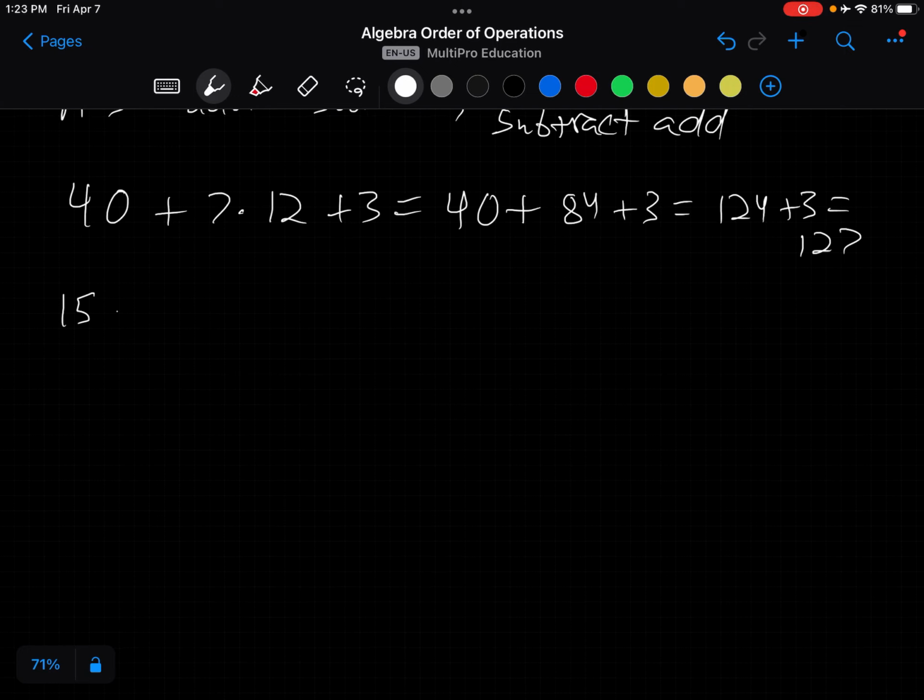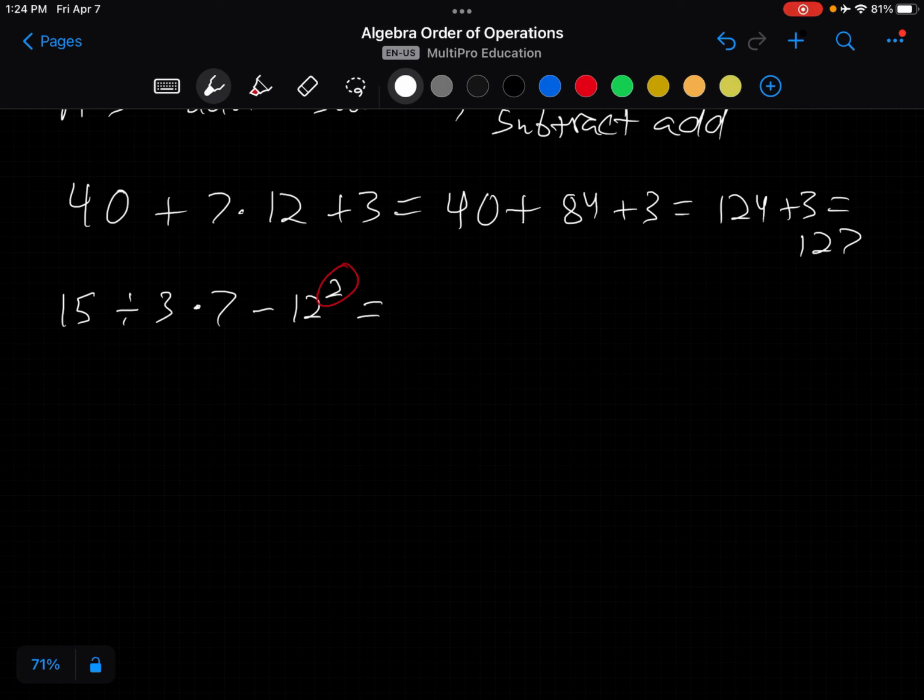Let's try another problem. We have 15 divided by 3 times 7 minus 12 to the second power. Any parentheses here? No parentheses. Any exponents? Yes, we have an exponent right up here.